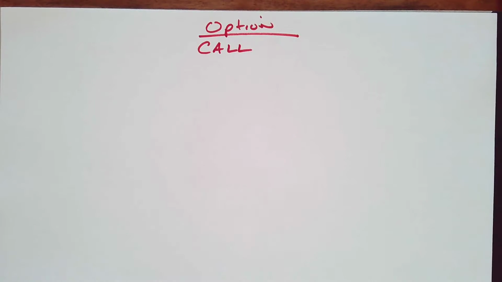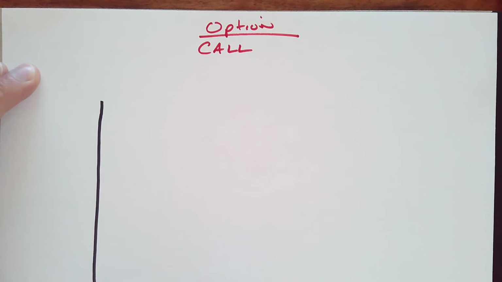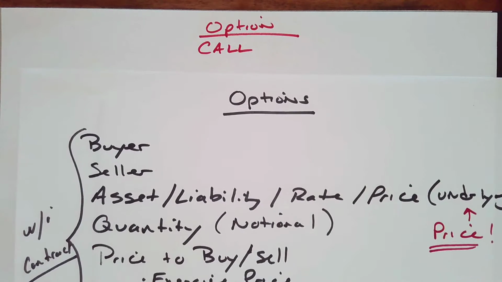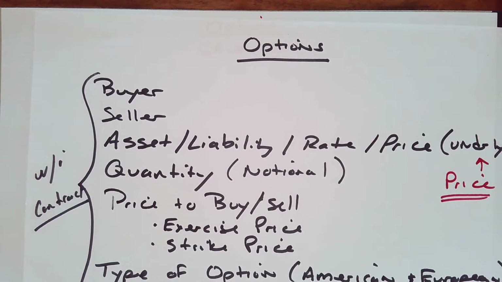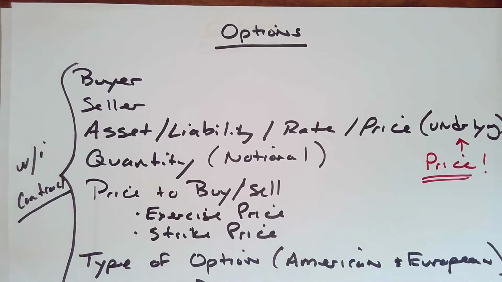And let's set up our variables. All right? So we know I have a buyer and seller. We know what the asset is, right? And we have an idea of the quantity, all right? And more importantly, we now have an exercise price.